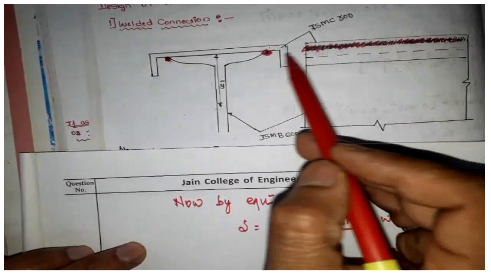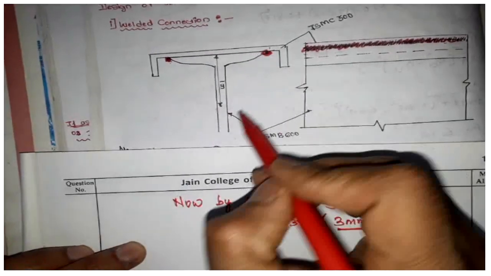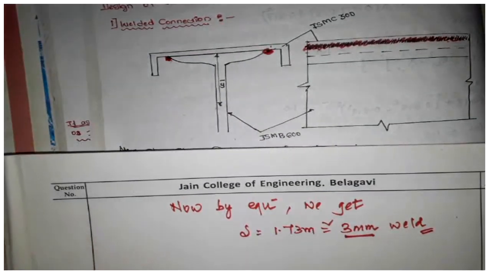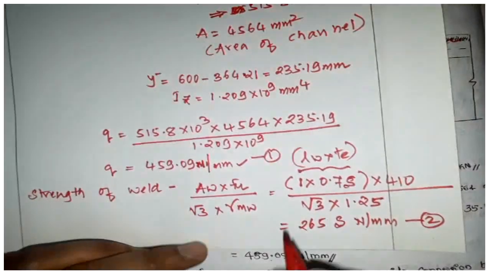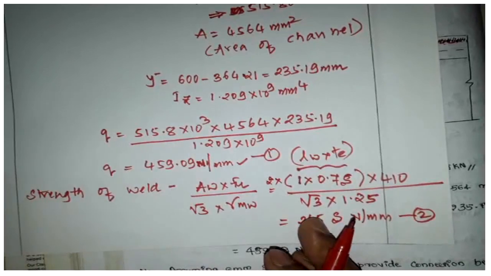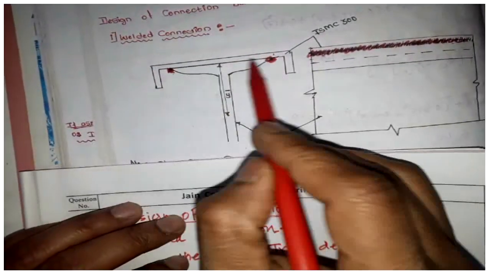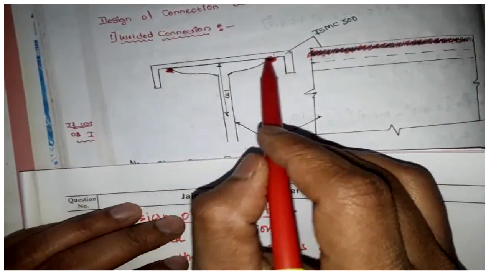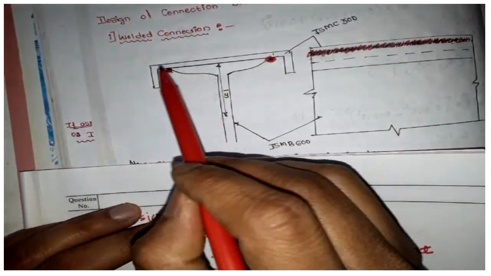Okay, this way 3 mm on both the sides, because here one thing you have to do, you have to multiply into 2 here. I forgot to tell you that we need to multiply 2 times, because we are providing welding on both the sides like this. So please make a correction there.